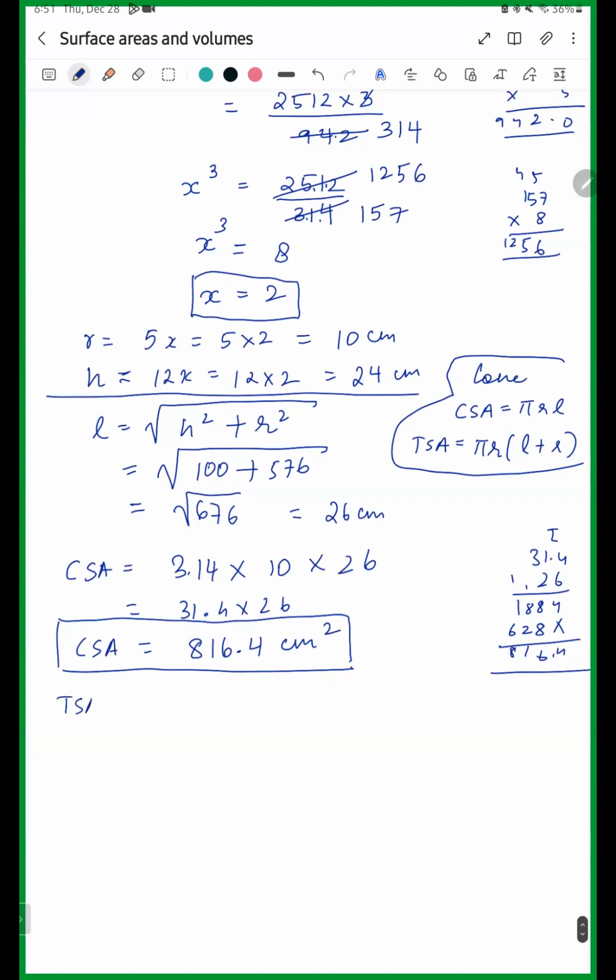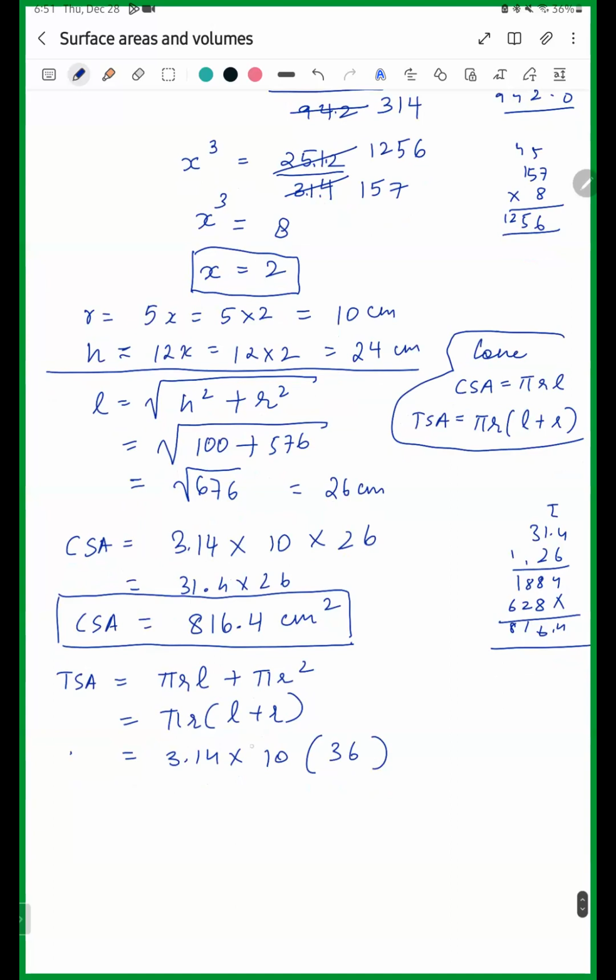This is going to be pi r L plus pi r square, or in other words, pi r into L plus r. So the total surface area is going to be 3.14 into r, which is 10, into L plus r, which is 26 plus 10, which is 36. Okay, L plus r is 36.